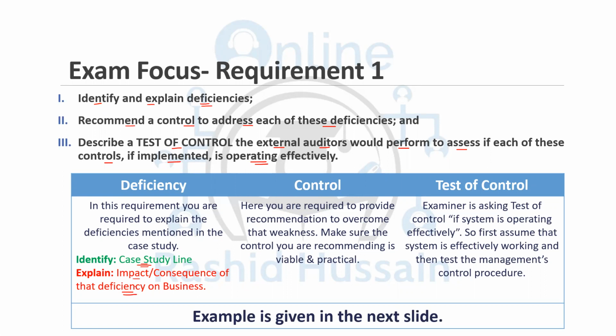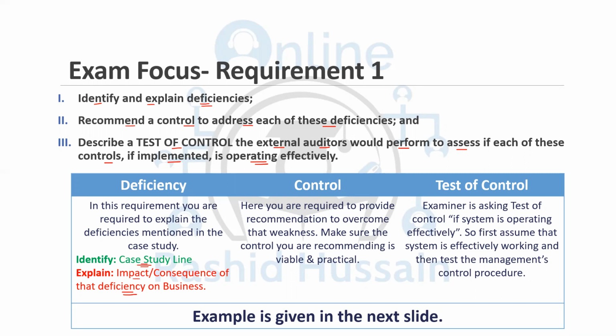Let's say the company is delivering the goods to the customers and they are not taking the signatures of the customers on the delivery note. This is the weakness, so first of all, you take the case study line and either write it as it is, or, if the lines are big, you can summarize those lines. Now, the explanation of this weakness is that if they are not taking the signatures from the customers, customers can later on claim that they have not received the goods.